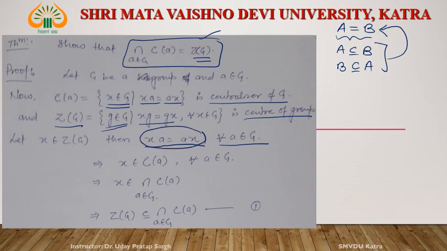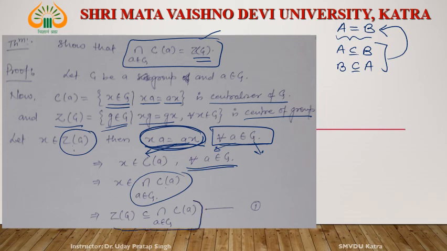This property says that x is in the centralizer of a, and for all a belonging to G, it says that x belongs to the centralizer of every element of G. It means x is also in the intersection of the centralizers of a, that is, x belongs to CA for all a belonging to G. So x belongs to ZG and x belongs to this also. It means ZG is a subset of this, the first inclusion.